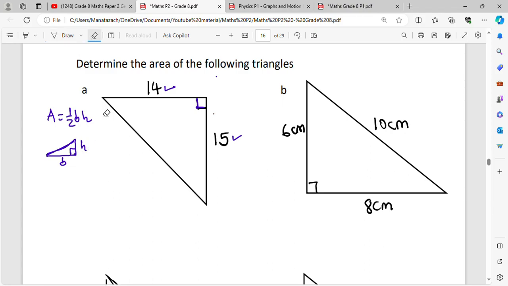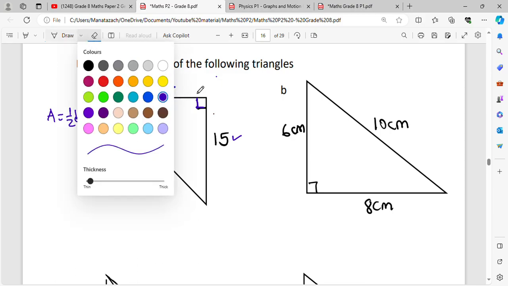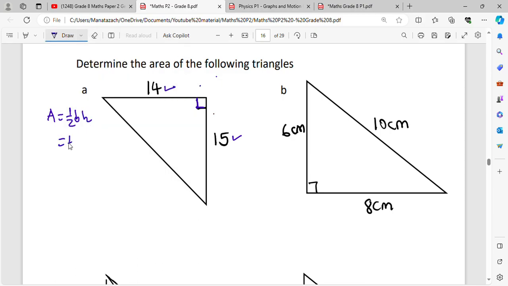So we can simply calculate the area of this triangle as 1/2. The base is 14, the height is 15. So the answer would be 14 times 15 times 1/2 is 105 square units.